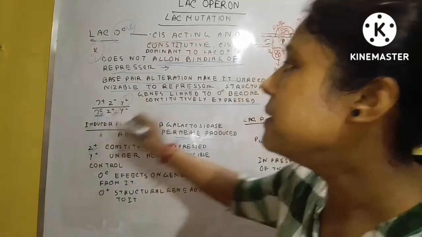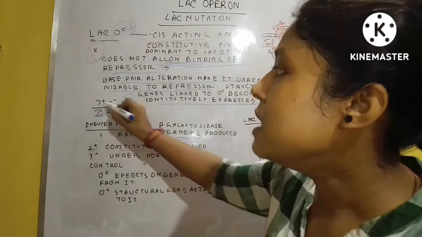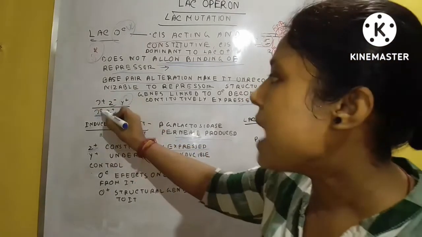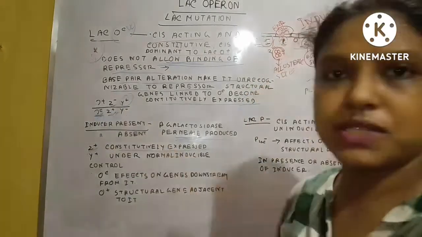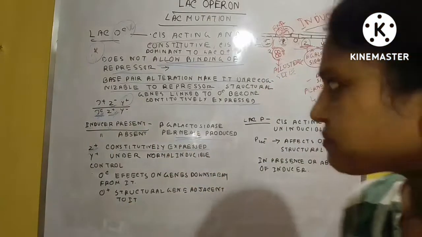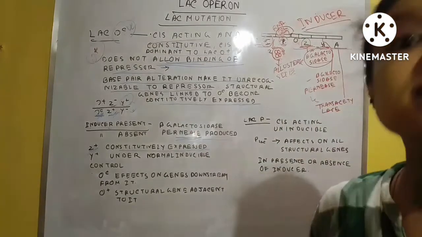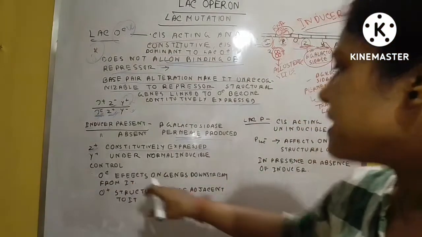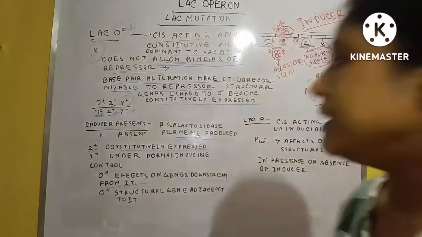You can see here the Y plus and Z minus. Adjacent to the O plus there is the Z minus, but adjacent to the OC, or O constitutive, the Z plus is present. So beta galactosidase is produced continuously, but the Y plus production, the permease production, is under control. OC affects the genes downstream from it.